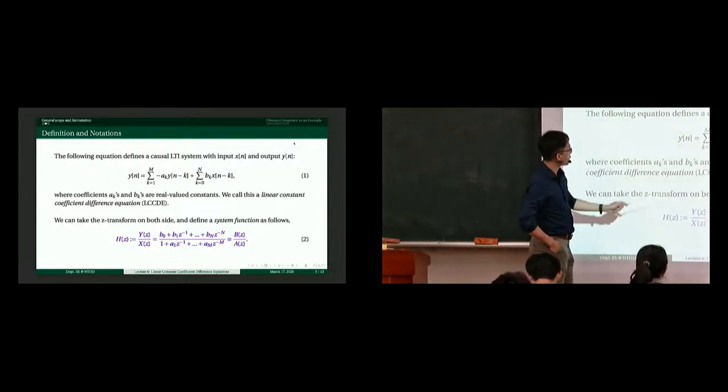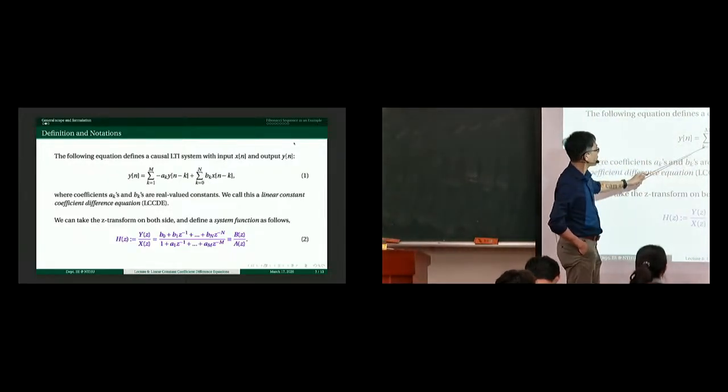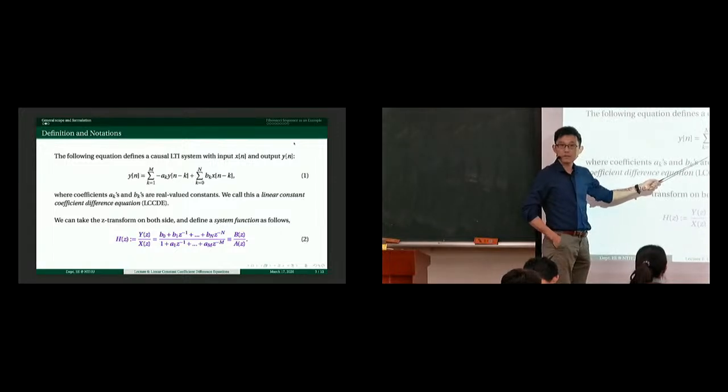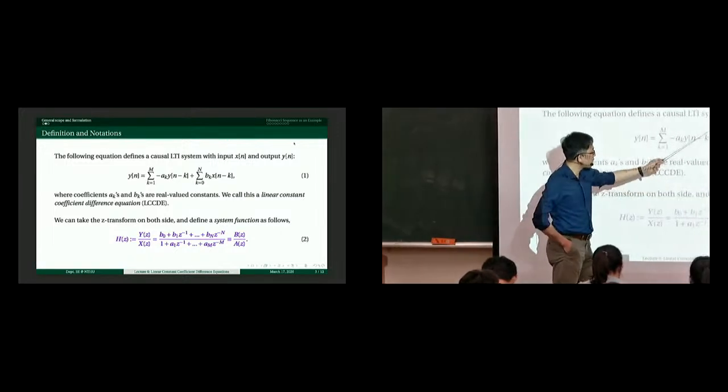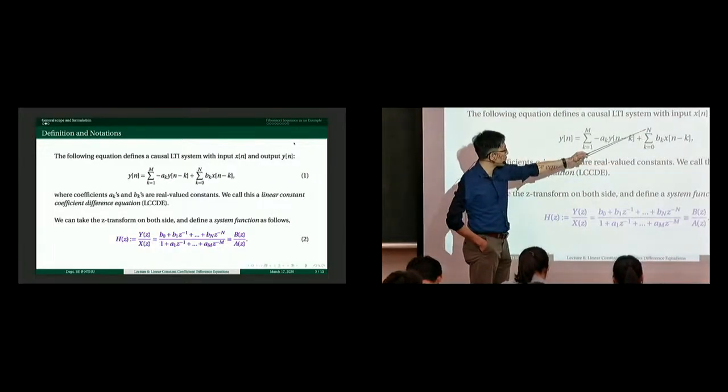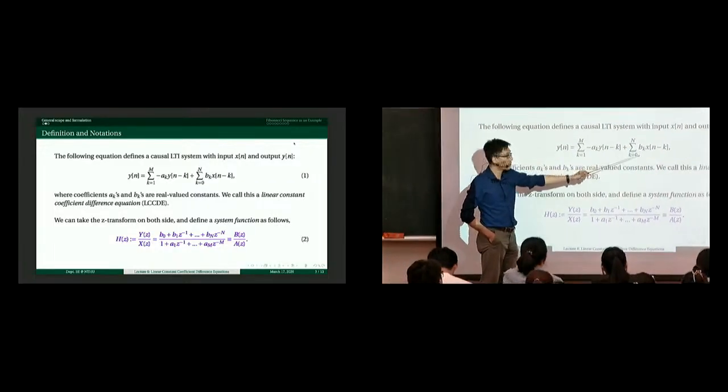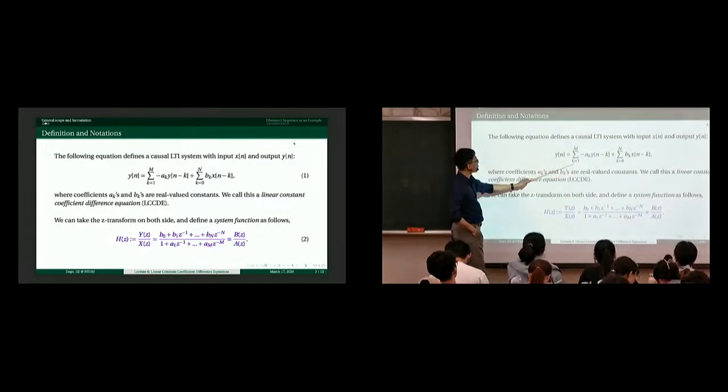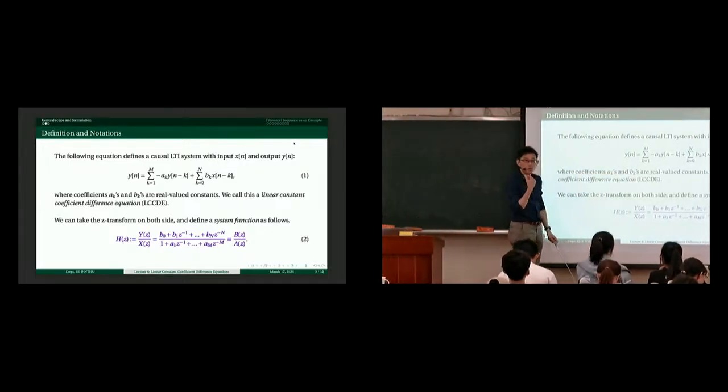Inside we have two summations, each being a linear combination. For x, we have a linear combination of the past n samples of the input. That's this term. And we also have a linear combination of the past m samples of the output that the system previously produced.